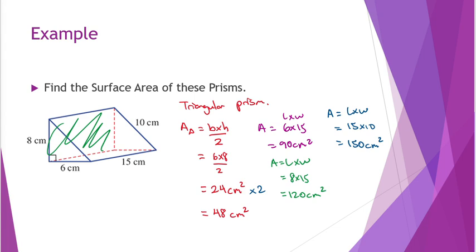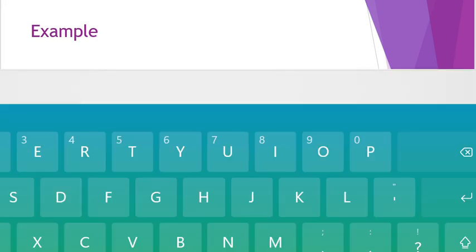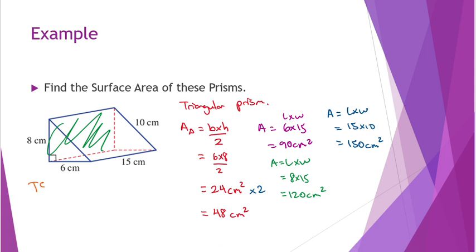So I'm just going to write it on the left here, TSA, which equals 48 plus 90 plus 150 plus 120. If you add that all up, you should get 408 centimeters squared. Okay.